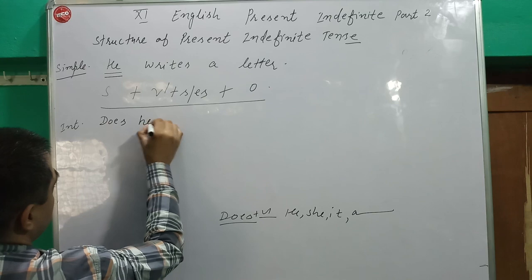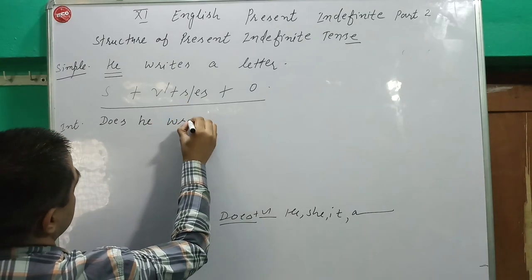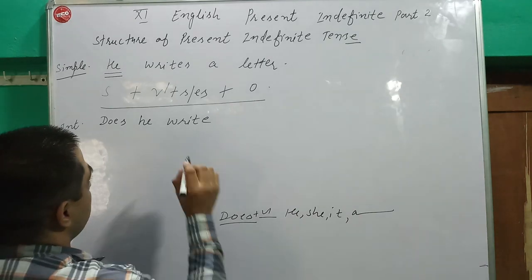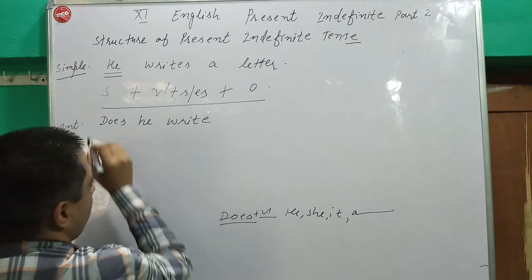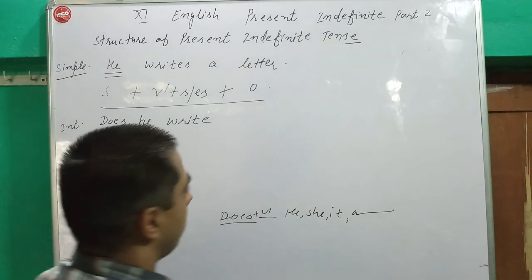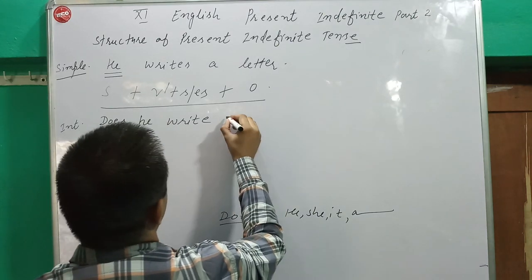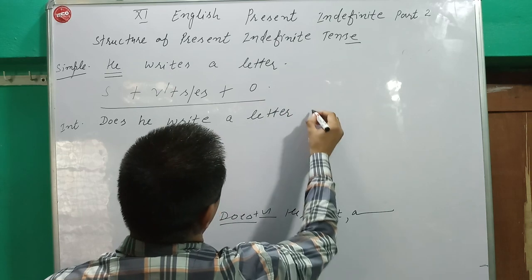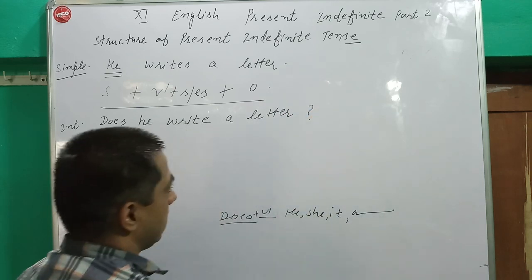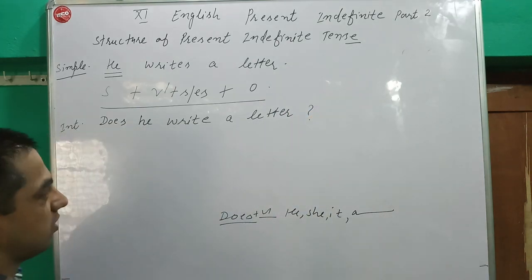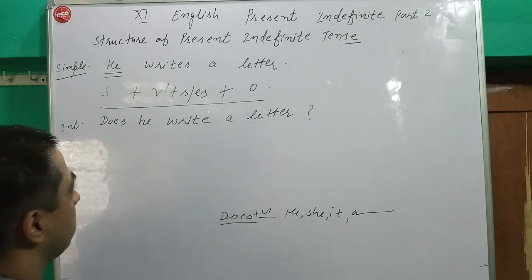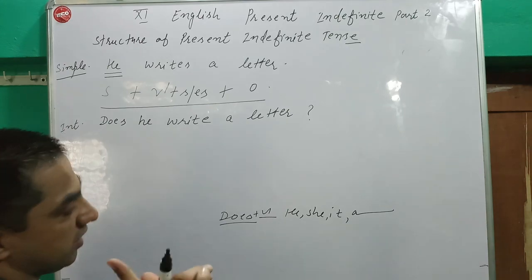Does he write a letter? We always try to use the first form of the verb along with do or does. In place of the full stop you should put an interrogative mark. This is the interrogative sentence of present indefinite.